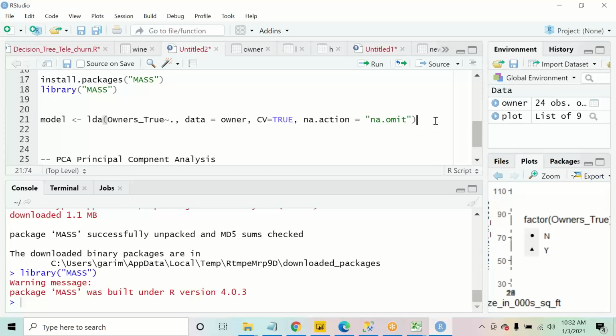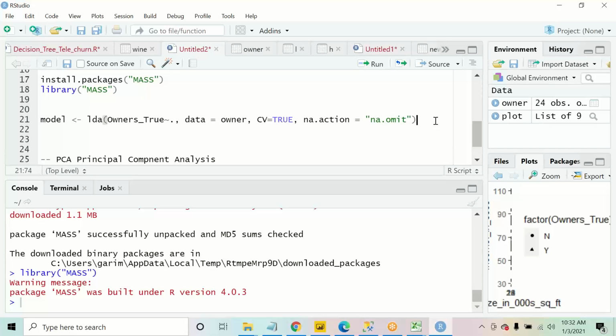So CV equals true means we are defining that we are using the jackknife approach. In the cross validation technique, if you have 30 rows of data, it will pick up the first row, and for the prediction of the first row, it will use the rest of the 29 rows of the data.